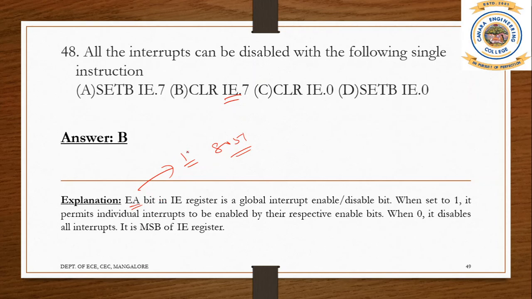And if I clear this, if I make this directly 0, that is clear IE.7, the EA bit will become 0. If it is 0, the meaning is all the interrupts will be disabled. So this is about the IE register, it is the MSB of the IE register. Before attending the exam, it is not very necessary to know the whole IE register, but it's very necessary to know this question, this answer, or this particular bit.